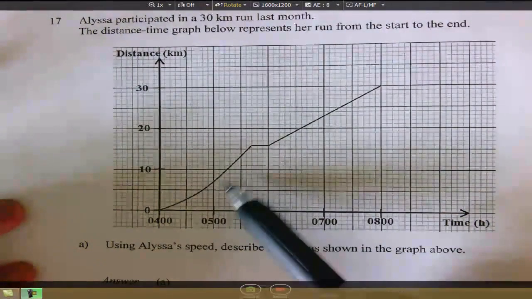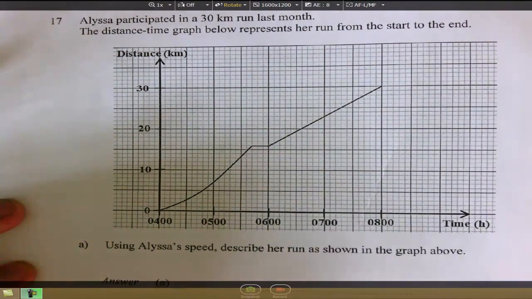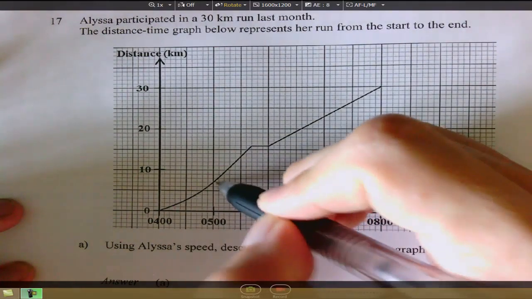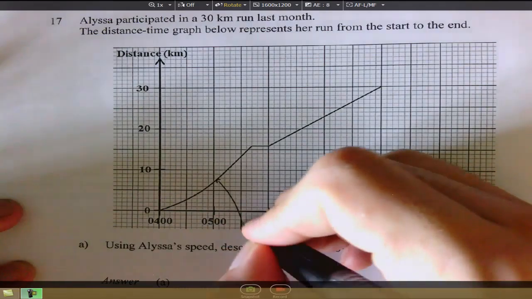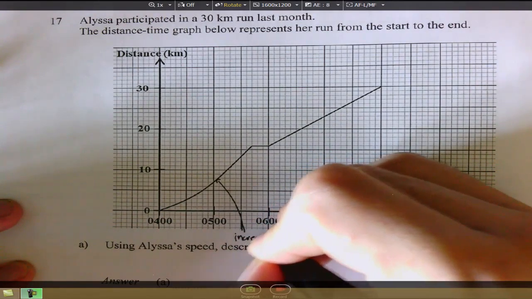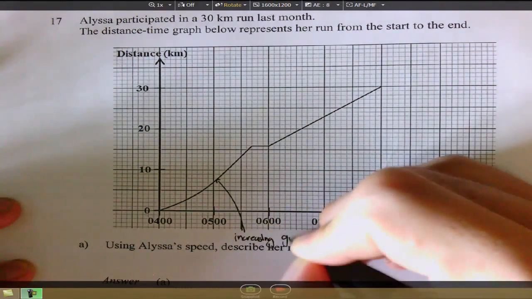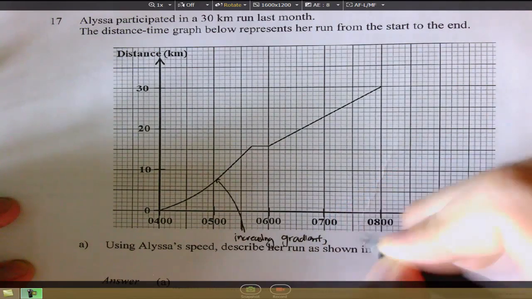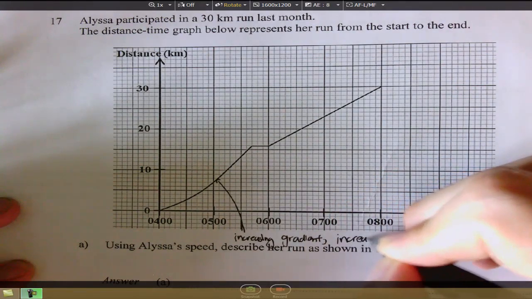Notice that the gradient is increasing. Because of increasing gradient in this region, it means that we have an increasing speed.